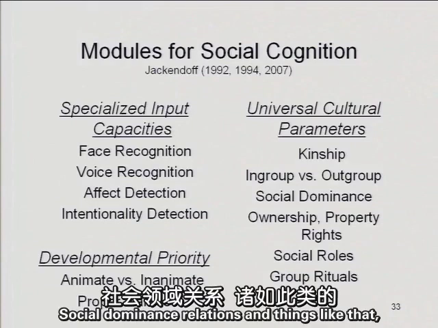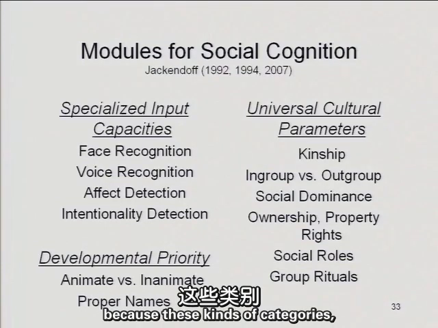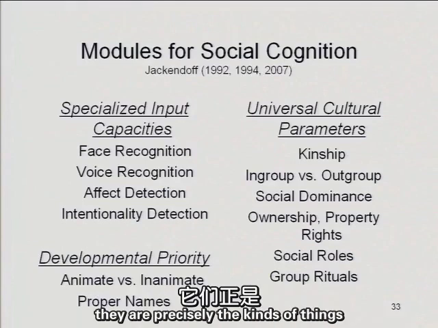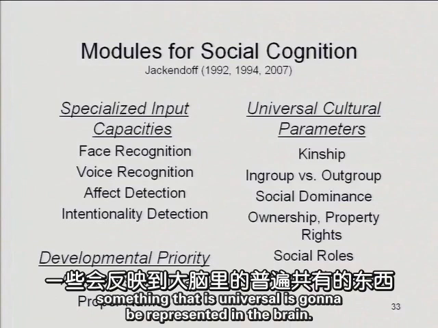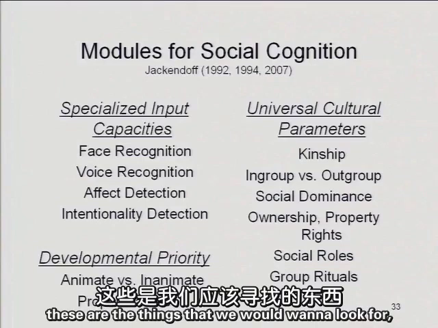Social dominance relations and things like that. And Jackendoff has speculated that precisely because these kinds of distinctions are universal across cultures, they're precisely the kinds of things that, if anything's going to be represented in the brain, something that's universal is going to be represented in the brain. So Jackendoff has basically suggested that these are the things we would want to look for.